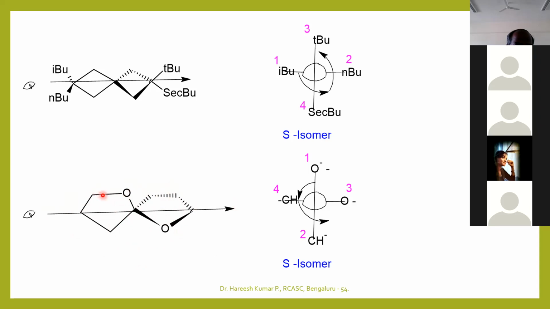So these groups take the priority. That means vertical means oxygen is here, CH is here. These are horizontal groups, means left hand side CH is there, that is this. Right hand side O is there, that is this. So then when you are giving the priority, this is 1, this is 2 and this is 3. So that means the movement is like this. So that means it's an S configuration. So with this, let's go to the next slide.